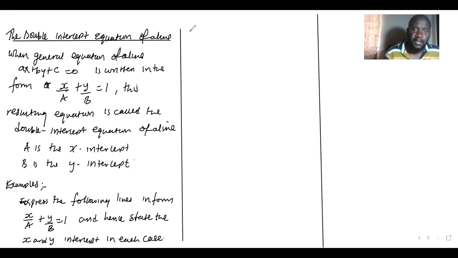So they can give you an example like y is equal to 2x plus 1. So you realize that this is negative 2x plus y is equal to 1. Okay, so if I divide by negative 2, this is the same as writing it as x over negative a half plus y over 1 is equal to 1.